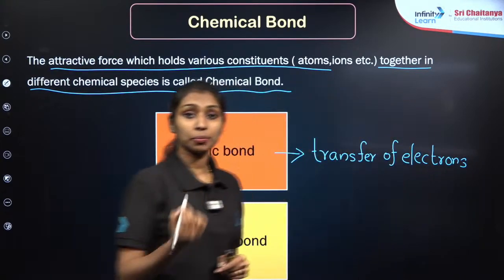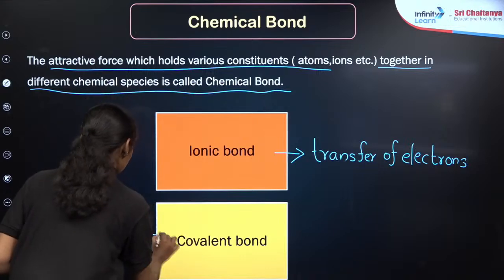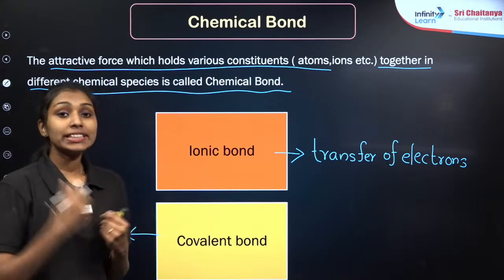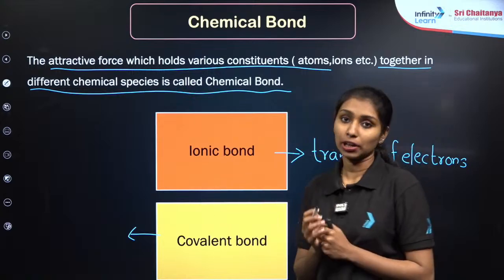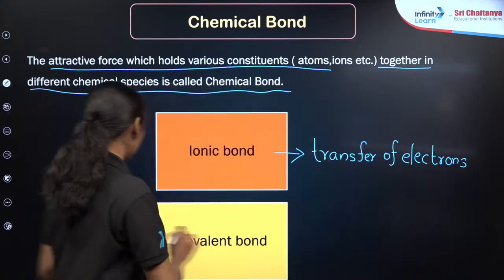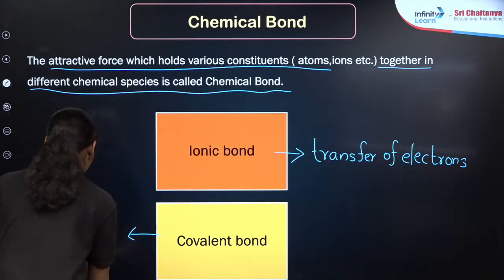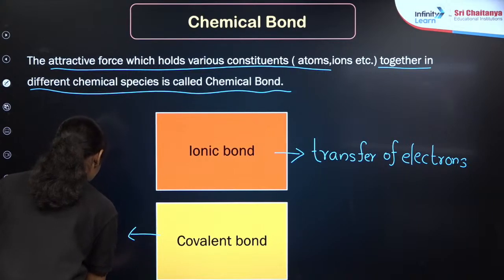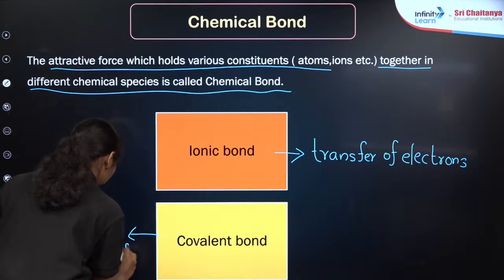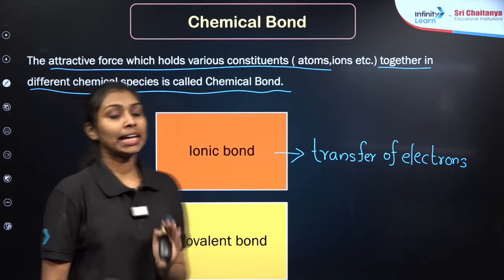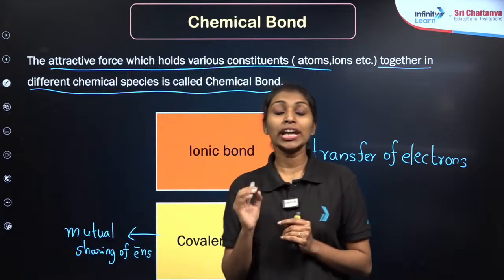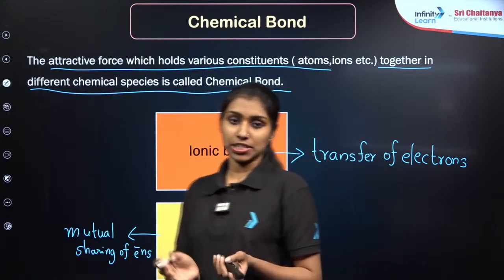Then what about the covalent bond? There will be mutual sharing of electrons. The bond formed between atoms by the mutual sharing of electrons is known as the covalent bond. Clear? We will discuss the ionic bond and covalent bond in detail in our next sessions.